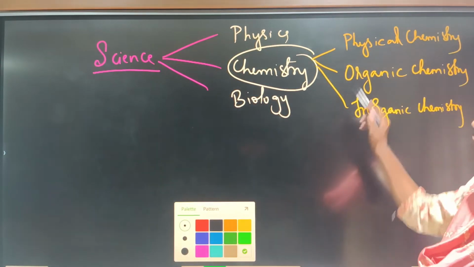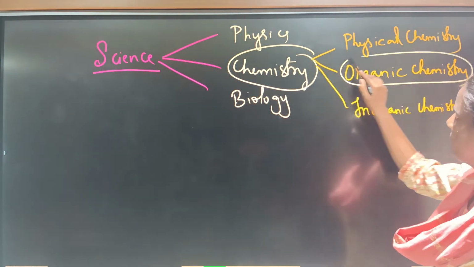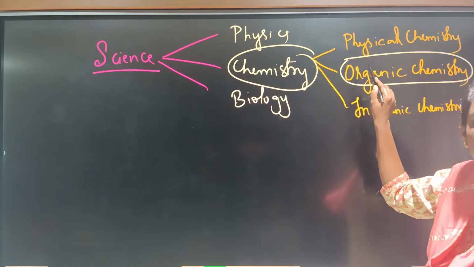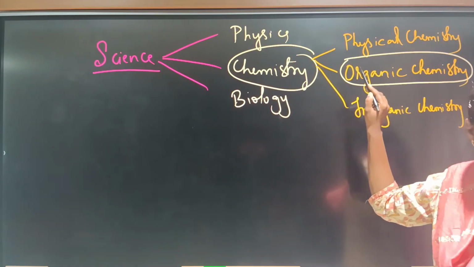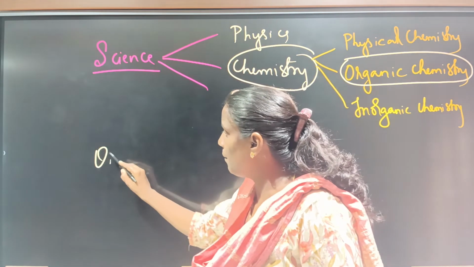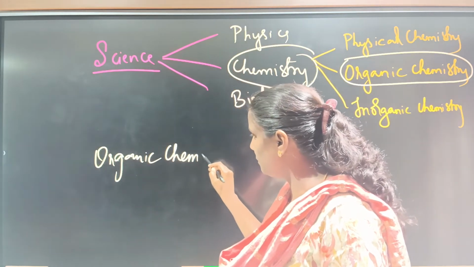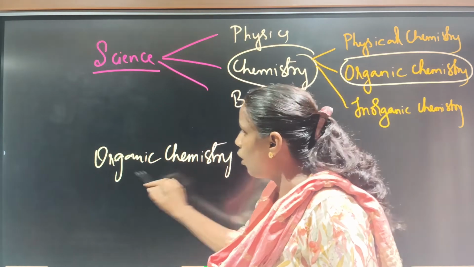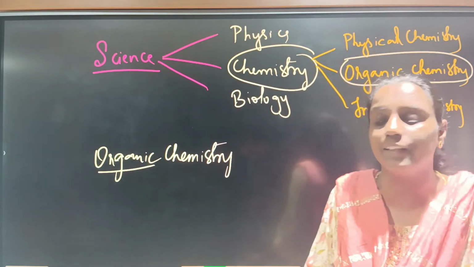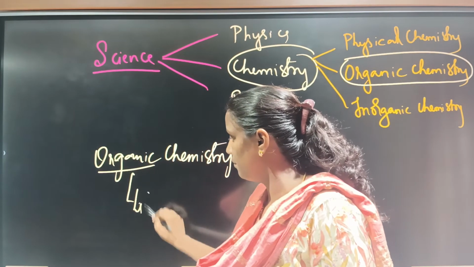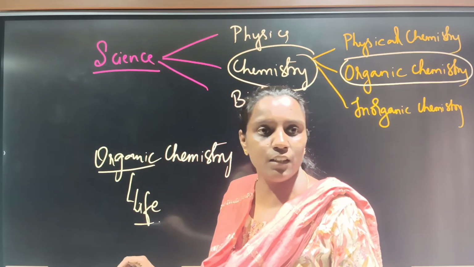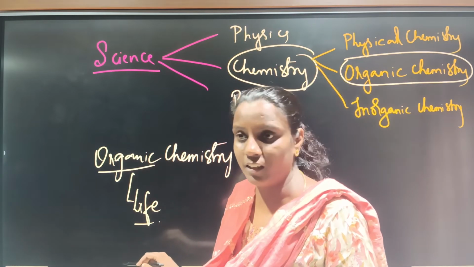Now see, this is a very interesting topic. Organic chemistry is what you are going to study now, carbon and its compounds. So what is organic chemistry, and what things are we going to study here? Organic, we call it life. Ma'am, life is a biology topic, why are we studying it here?